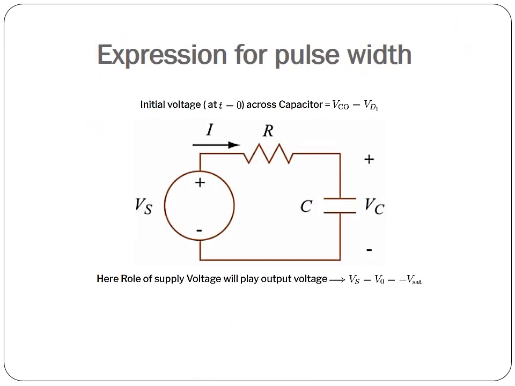Next, let us derive the expression for pulse width. Initial voltage across the capacitor at t equal to 0 is Vc0 equal to Vd1. So here the role of supply voltage will be played by the output voltage, Vs equal to V0 equal to minus saturation voltage.